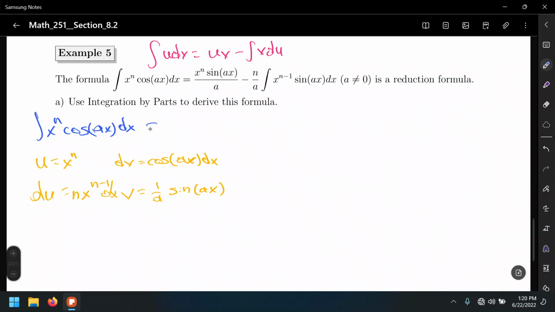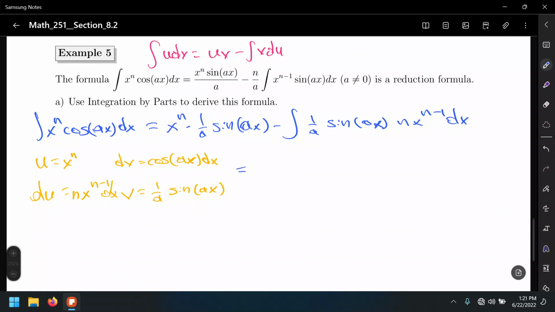Let's multiply that. x to the n times 1 over a sine ax, minus the integral of v, which is 1 over a sine ax, du, which is n x to the n minus 1 dx.